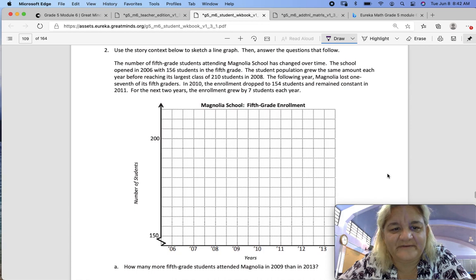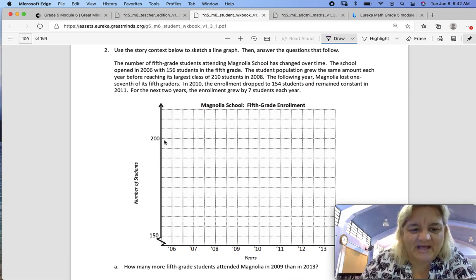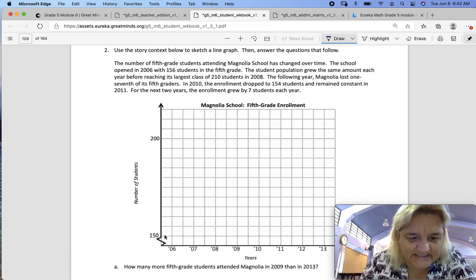The number of 5th grade students attending Magnolia School has changed over time. The school opened in 2006 with 156 students. So let's see, this is 50, 51, 52, 53, 54, 55, 56, 57, 58, 59, 60.